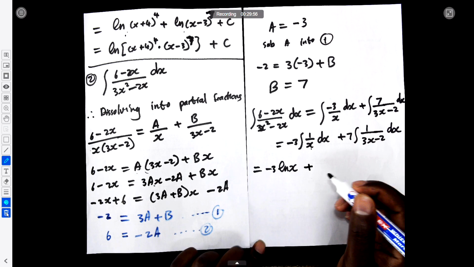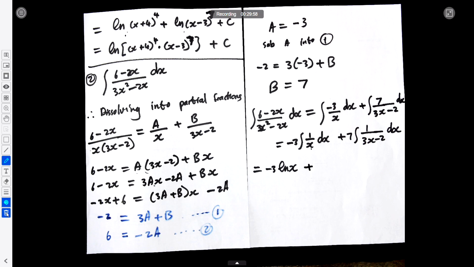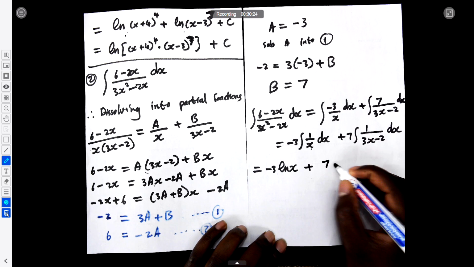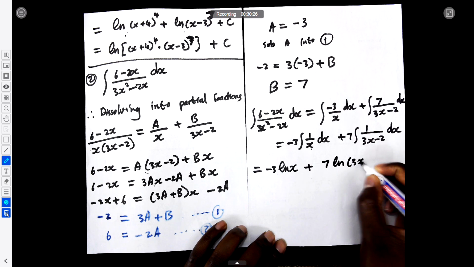Therefore, plus. Do the inspection again. We have a constant in the numerator, and the denominator is a linear function. So inspect the derivative of 3x minus 2. It is supposed to be what? 3, isn't it? So we are missing a constant, 3. So when we're done, we must make sure we state that it's 7 ln of the denominator.